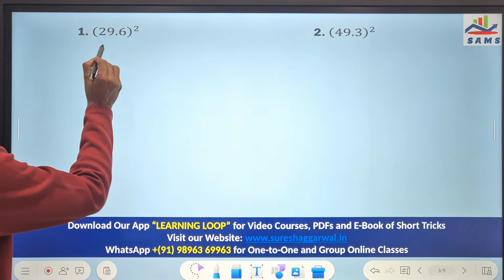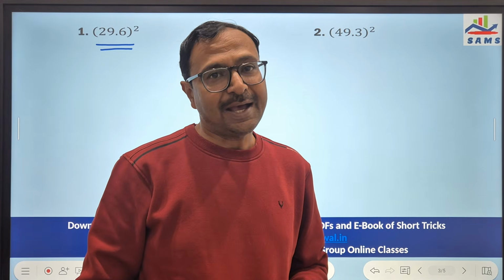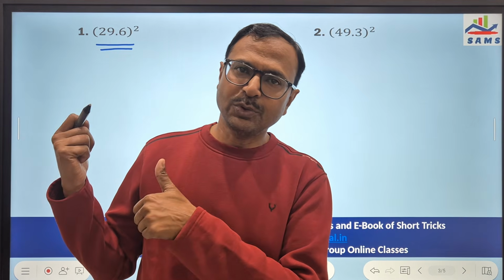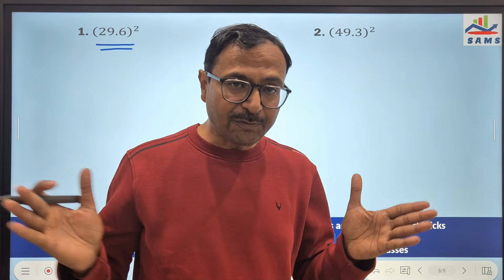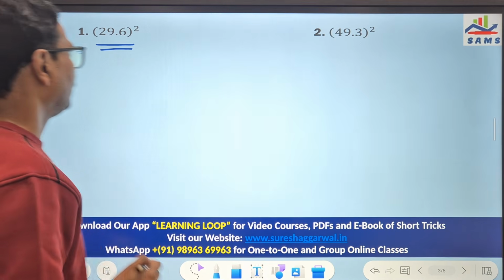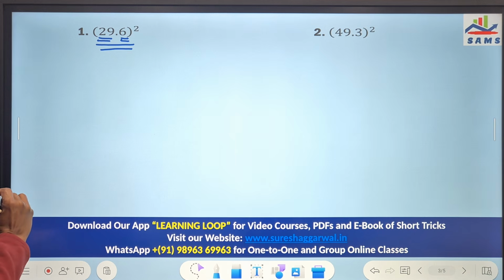Here we have 29.6 whole square. See, the first question itself which I have taken up has 2 digits before the decimal and 1 digit after the decimal. So once you know this trick, you can extrapolate it and apply it on a variety of problems containing decimal at different places. Fine. So I will consider 29 as the first number and 6 as the second number.